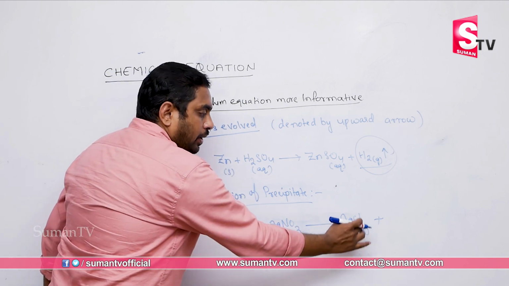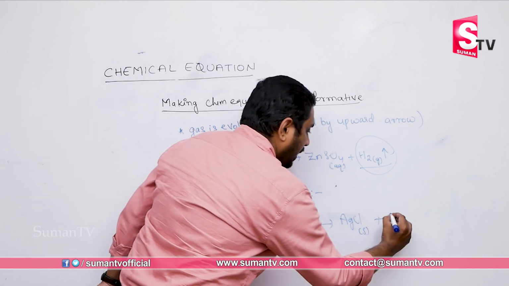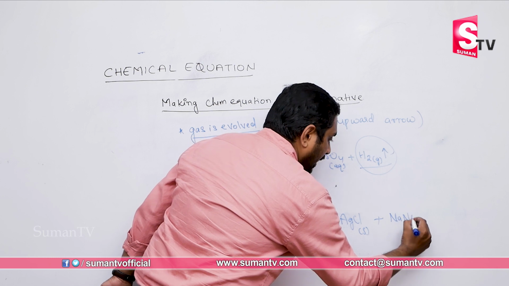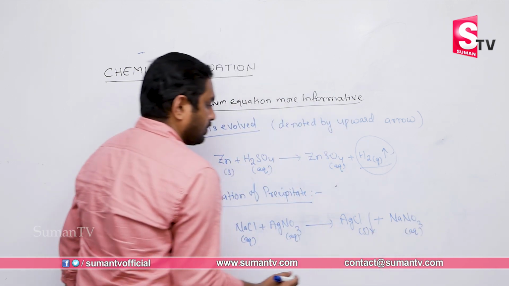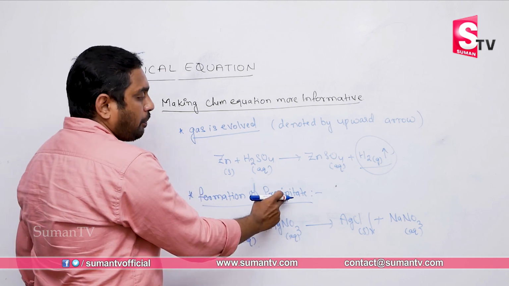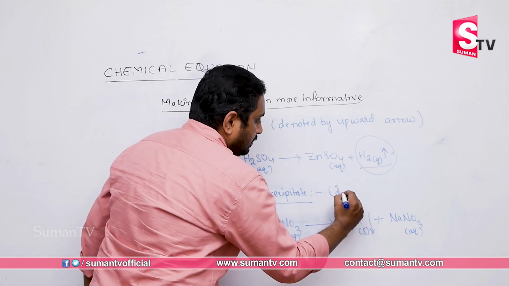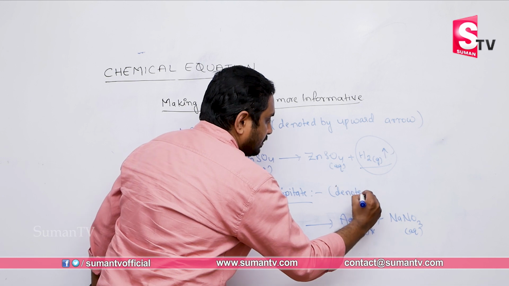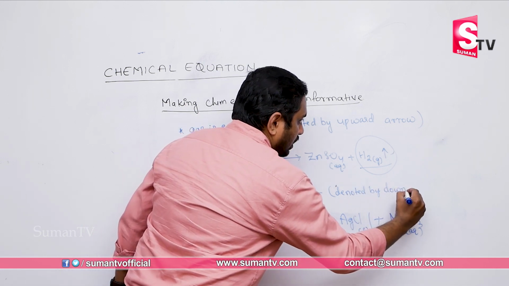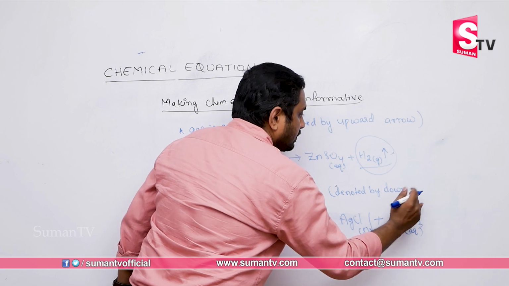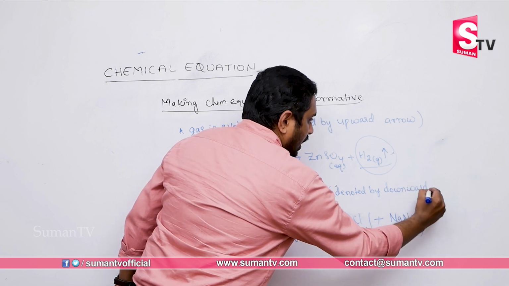It gives silver chloride solid plus sodium nitrate aqueous. Formation of precipitate is denoted by a downward arrow.